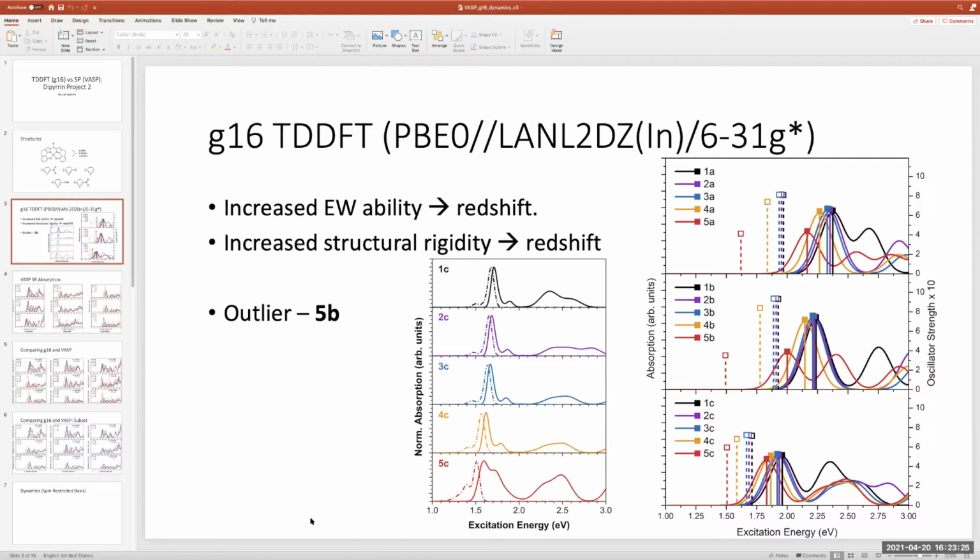So that's why it redshifts going from electron donating to withdrawing. Okay, I think I see what you're saying, but I have some orbitals plotted, so we'll get back to this question about changes in the LUMO once I get to the orbital section.